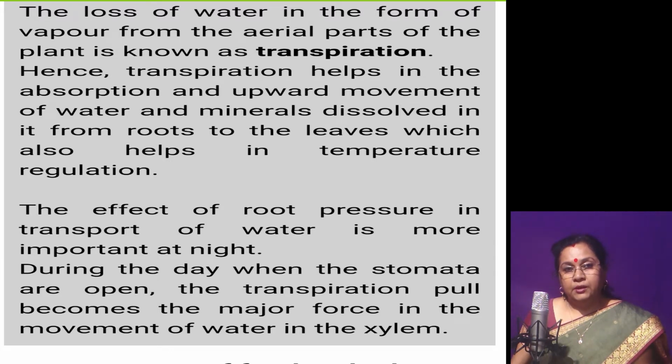But in trees of more than 100-meter height, like eucalyptus, the cohesion and tension theory is applicable. In this theory, the force of adhesion between water molecules and xylem vessels occurs, and the force of cohesion among the water molecules helps in maintaining the unbroken column of water in the xylem vessels.